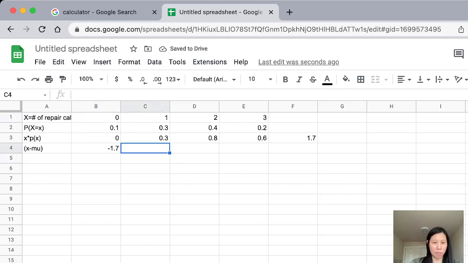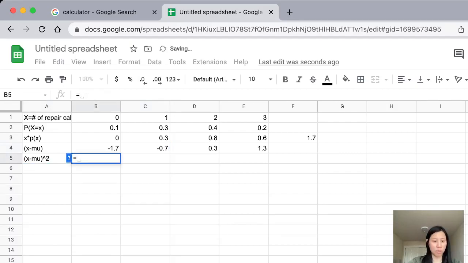And then we can drag them down. It should show you the same. Look, you have C1, which is the number of repair calls, minus 1.7. Okay, so what's next? The next is we want to square them. So we let it equal this slot and then square it.